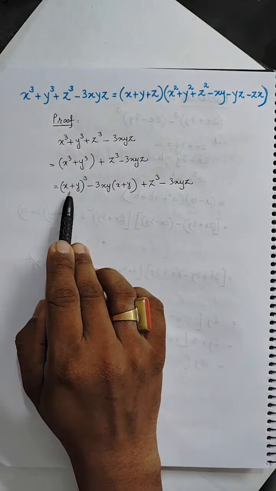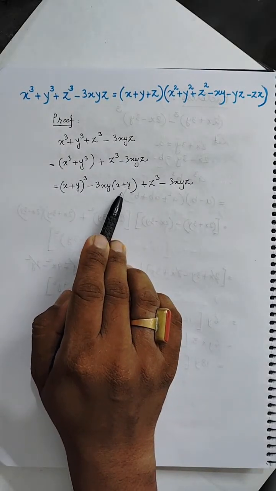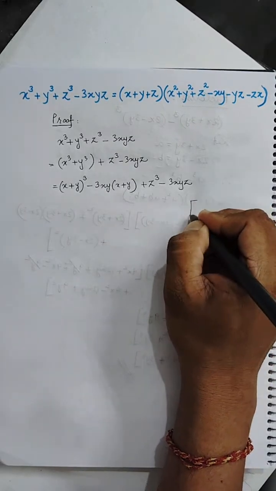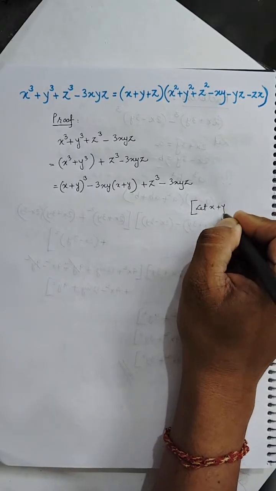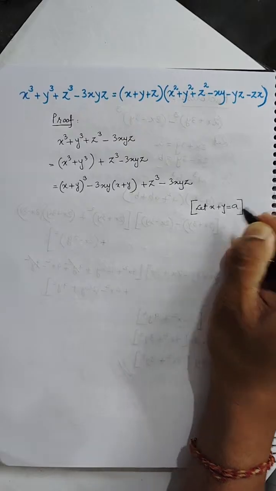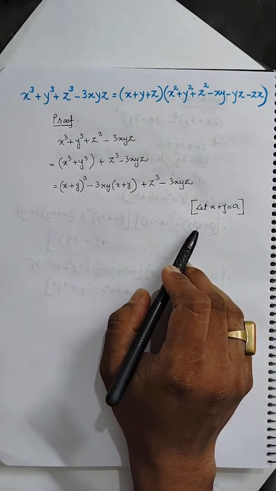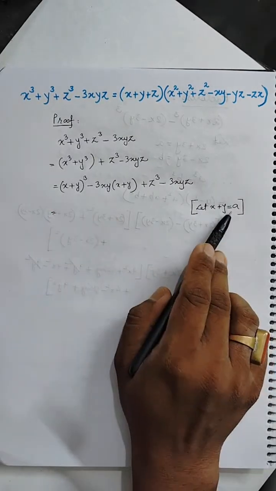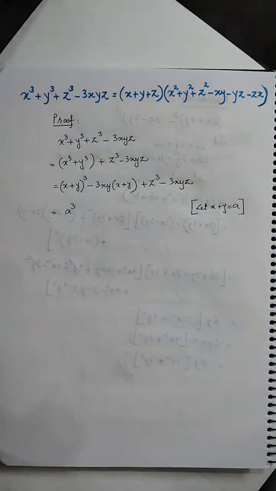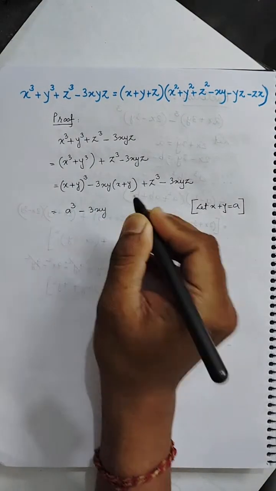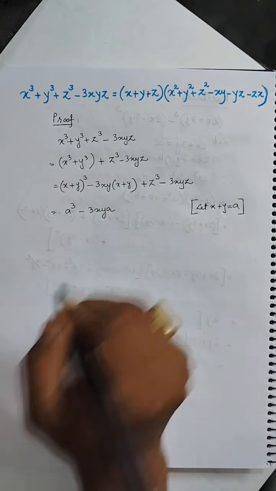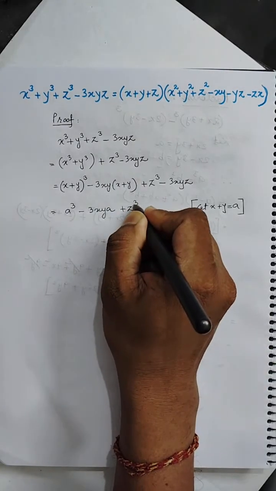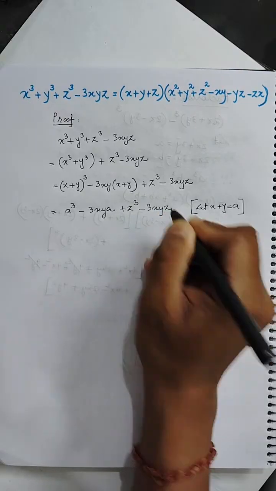So we have x plus y whole cube and x plus y. What we can do is assume x plus y to be any other variable. I am taking x plus y equals a. Then if we replace x plus y by a, this will become a cube minus 3xy, and in place of x plus y we will write a, so minus 3xya, plus z cube minus 3xyz.